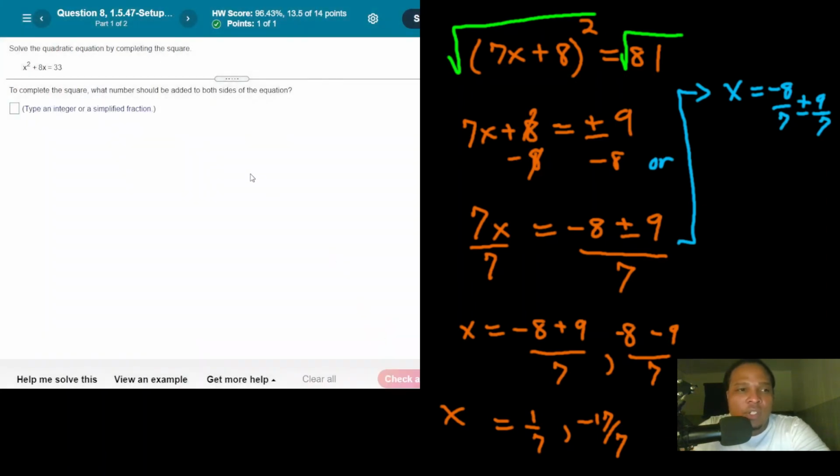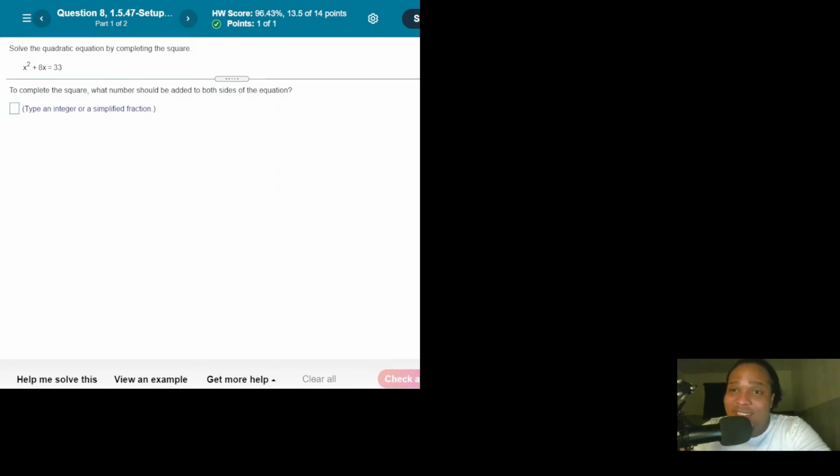All right, similar question. Solve the quadratic equation by completing the square. Completing the square is fun. Fun fact, when I first learned this, I had trouble completing the square. But then once I got it, I said, hey, it's not that bad. There's just one little formula that you have to commit to memory.